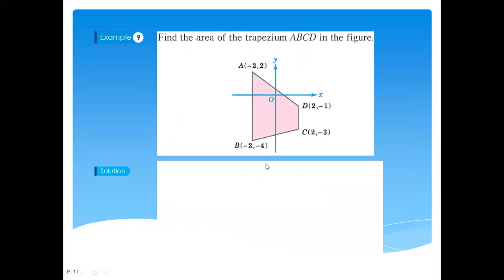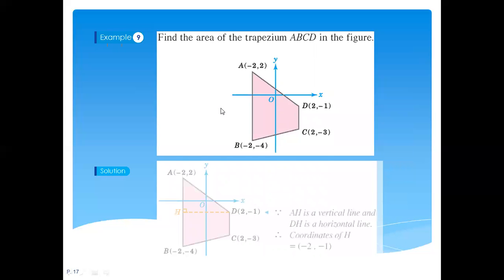So girls, in this example, we note down, if necessary, we must draw lines, construct them on our own, okay? Then question 9, find the area of this trapezium. You will note that DC and AB are the two bases, upper and lower bases. If you want to find the area, you must find the height.